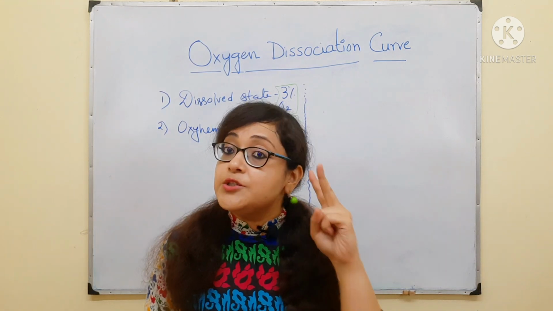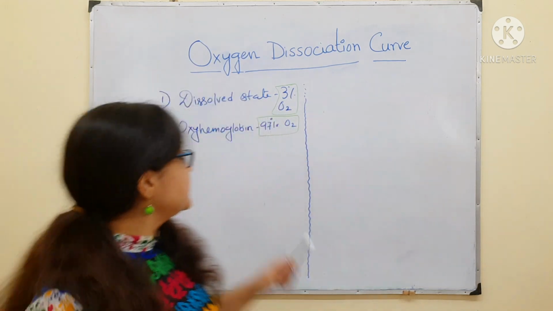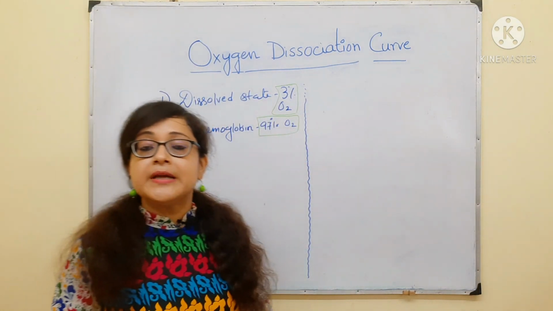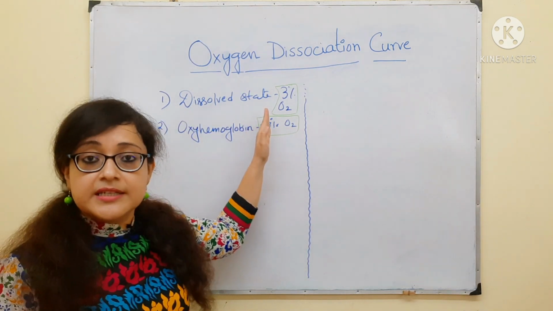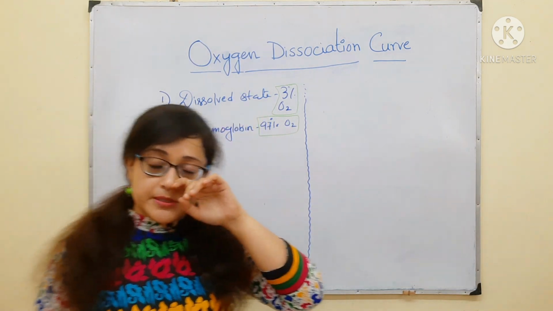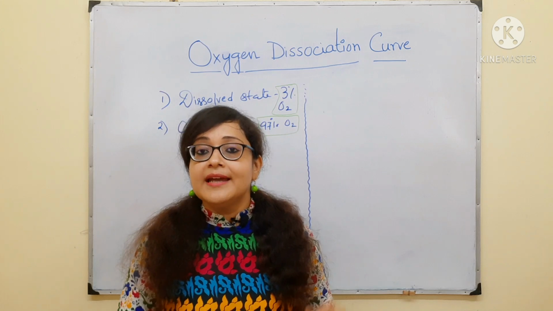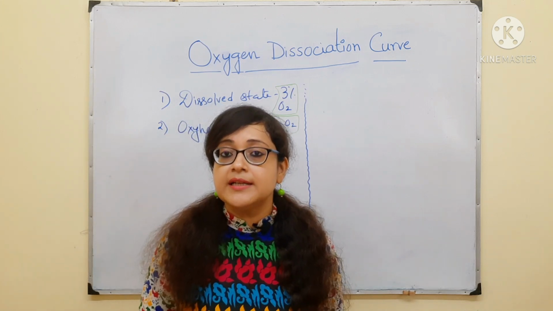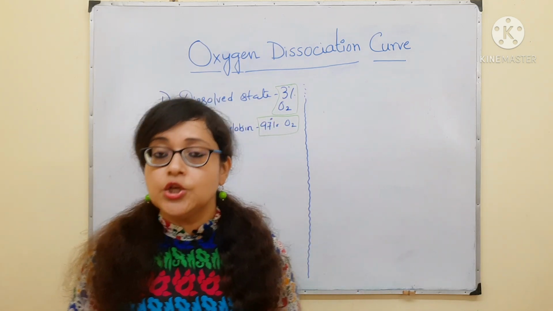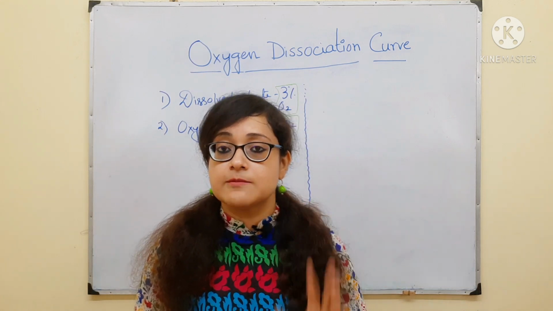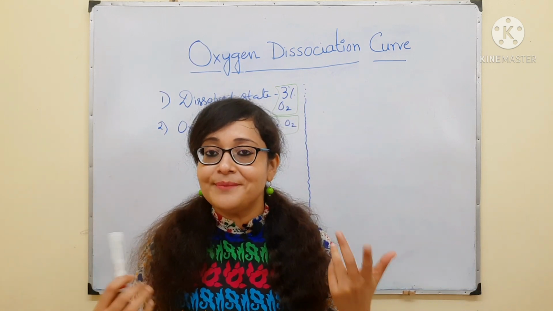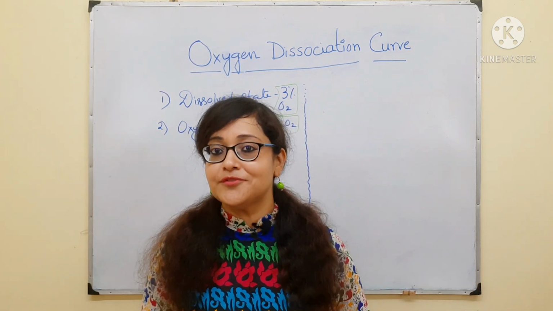There are basically two modes of transport. First is in dissolved state. Just 3% of oxygen can be transported in dissolved state through blood plasma. I think you all know blood plasma is the liquid part of the blood.